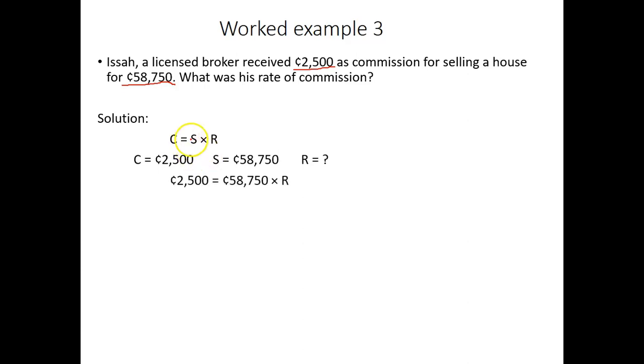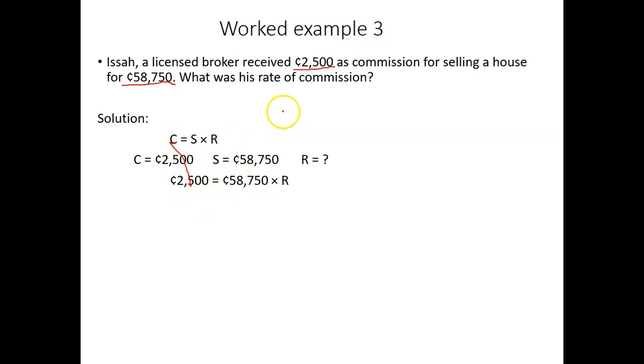So to do this, there's no quota in this question, so you only quote the formula. Commission is equal to sales times rate of commission. Are you with me? So we are going to do substitution here too. I hope you are following. Now to substitute, commission was 2,500, so we replace C with 2,500.